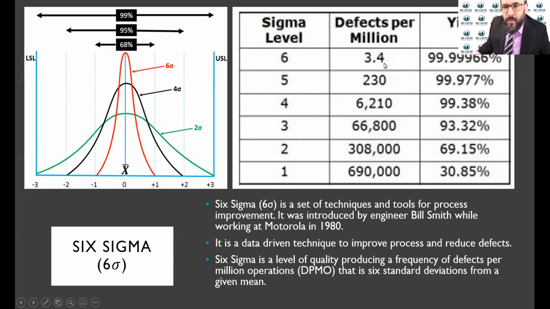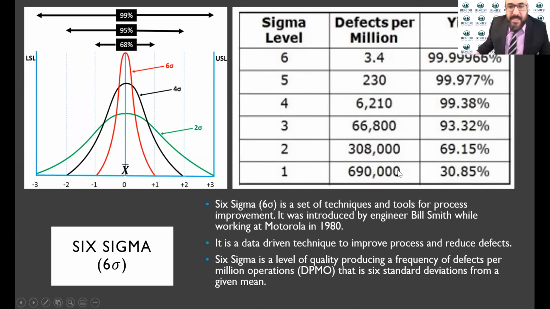Only 3.4 per million parts are defective. At 5 Sigma, 99.977% will result in excellent quality, accepted products or service. So the Six Sigma aims to achieve 3.4 defects per million.